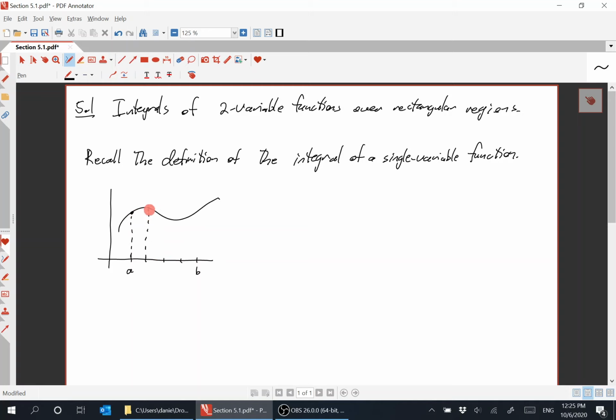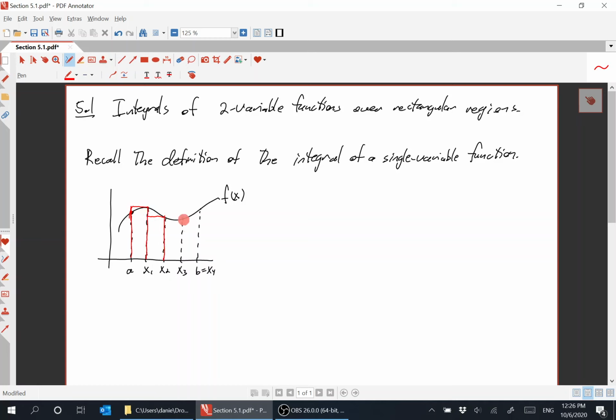You have a function f of x, a continuous function on an interval, and you cut up the interval into subintervals x1, x2, x3, x4, and then you take the function to make these rectangles, to govern the height of these rectangles here.